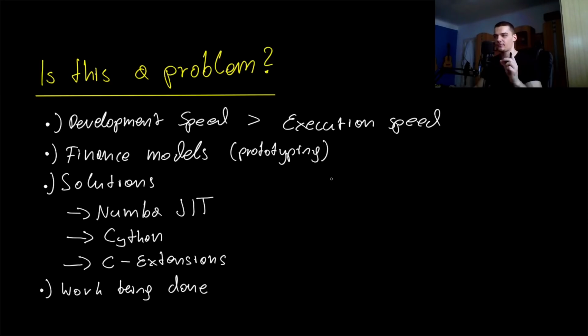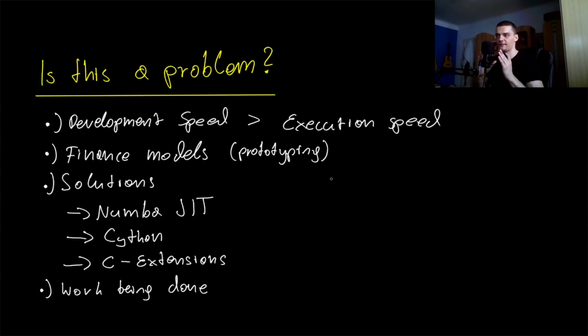And in finance, everything is about milliseconds. You want to be the fastest. You want to be the first one. So it's good enough to do it in Python because in Python you can change stuff, you can experiment around easily. But once you know, okay, this model is very good, this algorithm is very good, I want to use it for my stock trading, you're not going to run it in Python unless, of course, you're doing something in the long term.